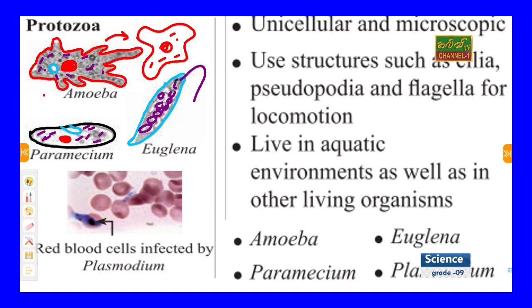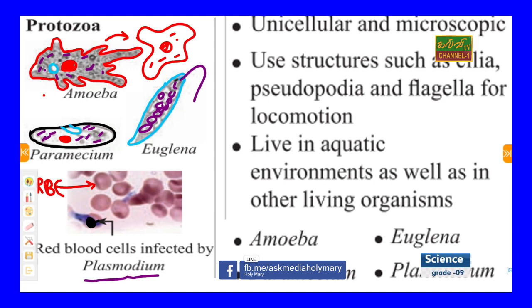Actually, they have mentioned the plasmodium. Plasmodium is indicated only by the small black color point. Others are RBC, red blood cells.